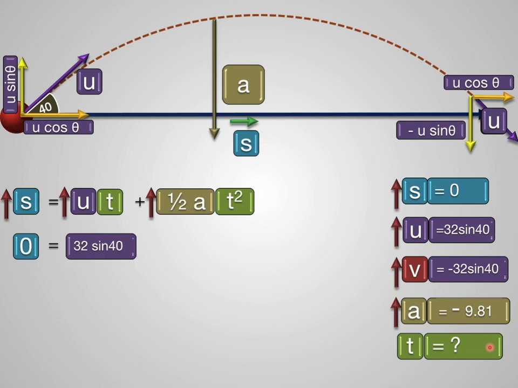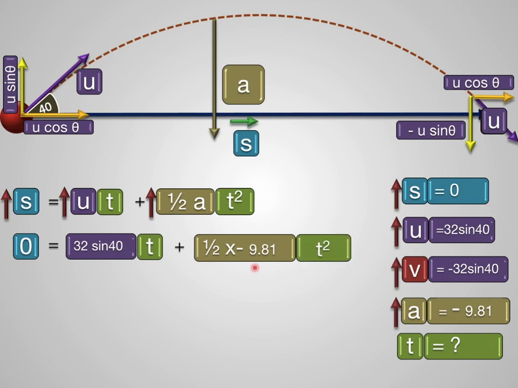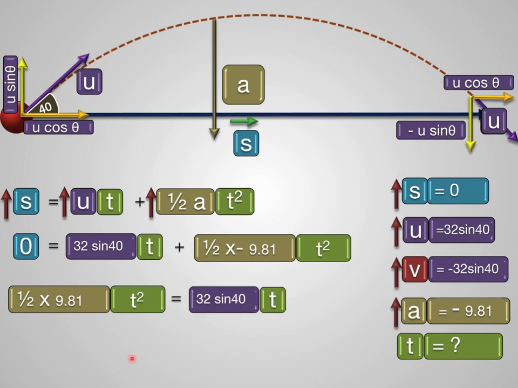Initial vertical velocity is 32 sin 40 into time, plus half into minus 9.81. Be very careful; you have to substitute the correct sign. I'm going to bring the minus things to the other side so that it will become positive. You can cancel one t from both sides, rearrange and make t the subject. You get the answer.